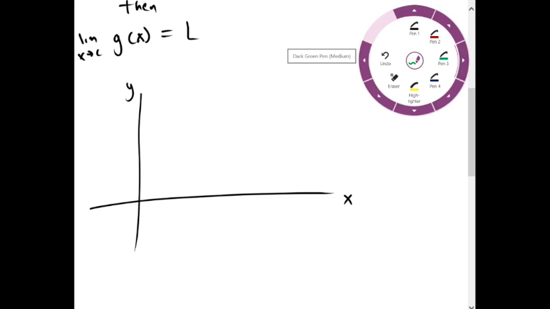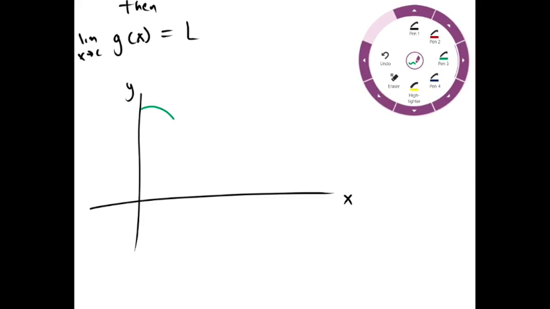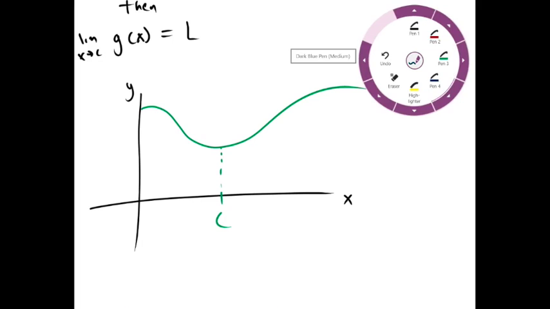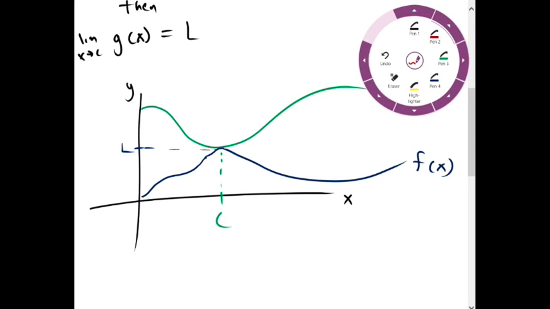If we have a function h of x, and let's say this is c right here, and we have a function f of x, and as we approach c with h of x and f of x, we reach this value L. And we know g of x is between these two functions.